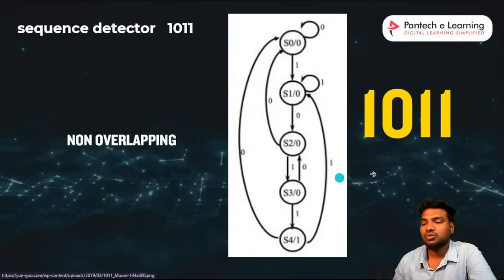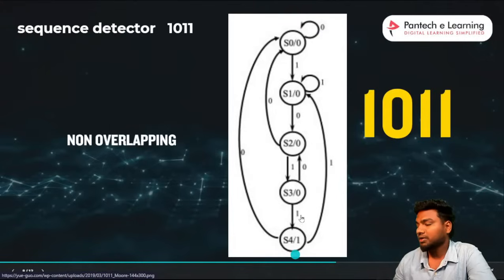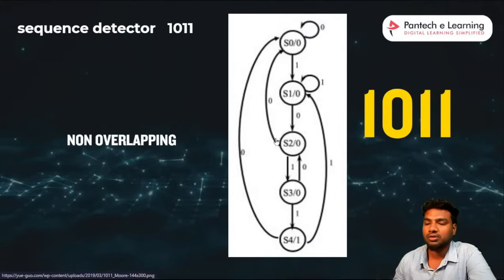So this is the logic. In the S3 state, you can see S1 has 1, S2 has 0, S3 has 1. If the input in the S3 state is 1, it will move to the S4 state. If it is 0, it will move to the S2 state.